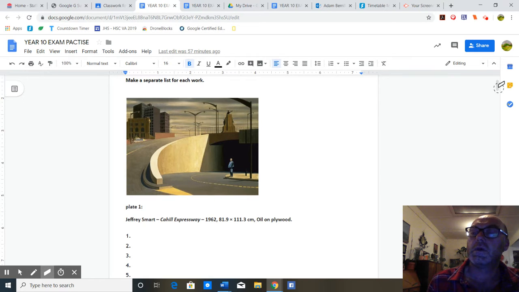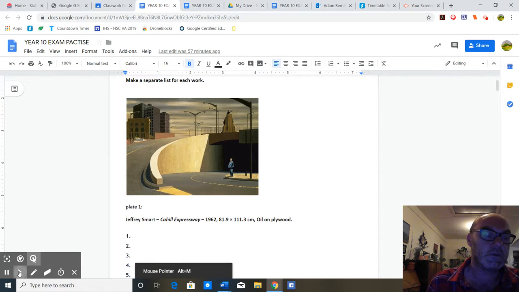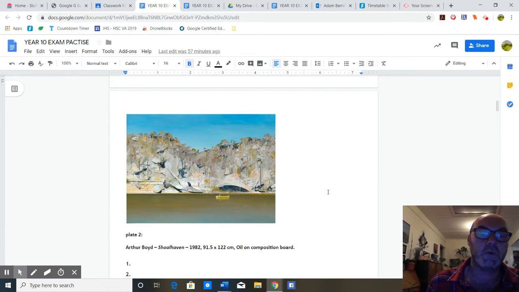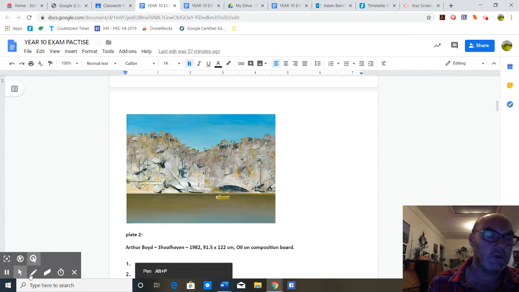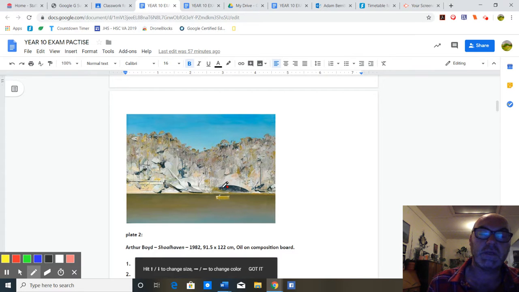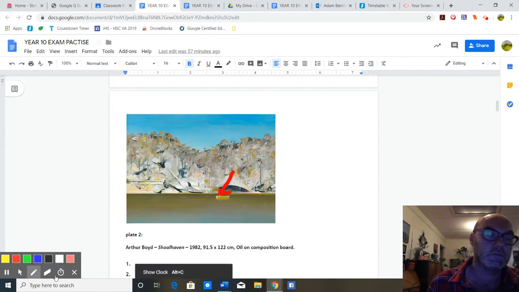Now, the second plate, if I can just scroll down to it, is by Arthur Boyd on the Shoalhaven River, titled Shoalhaven. You can see whoever it is in this one is also by themselves.